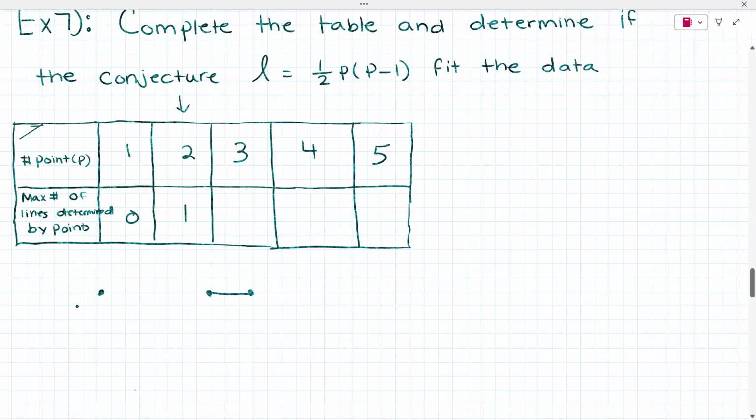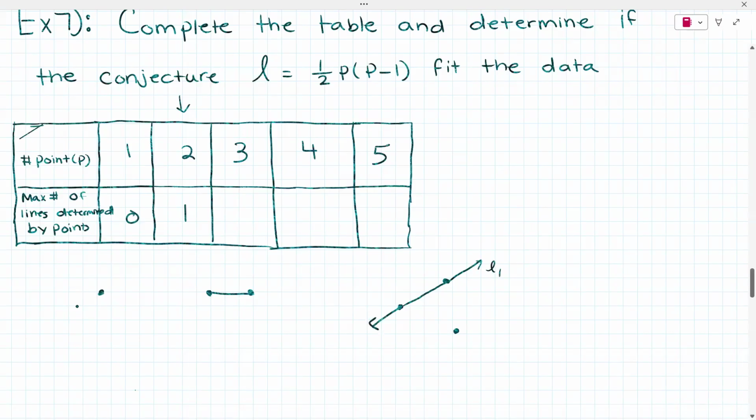What about 3 points? If you have 3 points, how many lines can you make? So here's point 1, point 2, and then maybe I could put point 3 here. If you connect these 2 dots, this forms line 1.